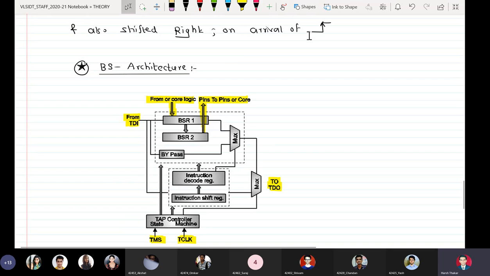The remaining part of this unit is the TAP controller, which is a very important topic which is asked almost every year, maybe since the last 10 years. Okay.